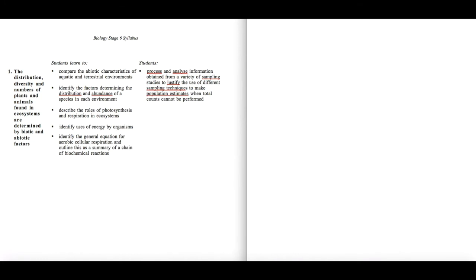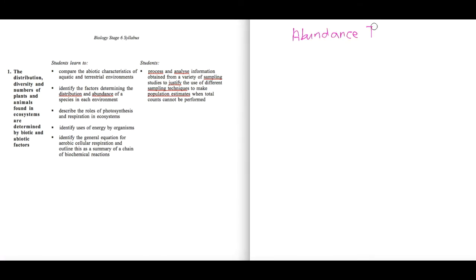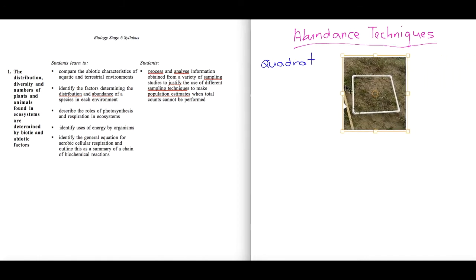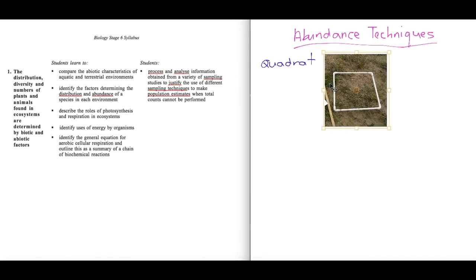Okay, so we'll now look at some of these sampling techniques. So firstly, we'll investigate sampling techniques to measure abundance. So one method that can be used is called a quadrat. So this is what we call a quadrat. It's a frame which could be made of wire, wood, or plastic, and it's dropped onto the ground at random throughout an area that you're studying.